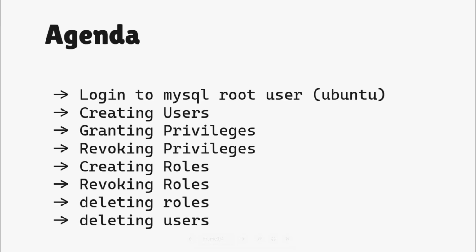If we have multiple users which need that role, we can simply assign that role to those users. So roles help in assigning privileges much more easily in the case of multiple users.